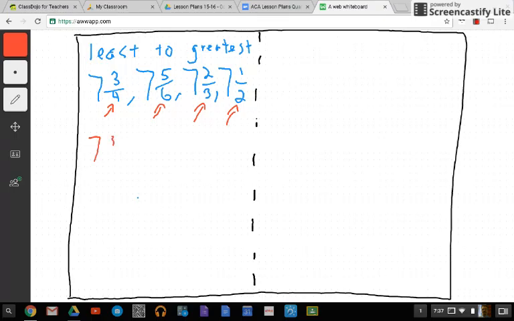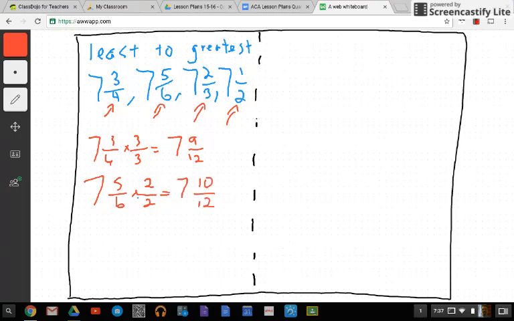I've got 7 3/4. I said I would be multiplying 3/4 by 3 over 3. And I get 7 9/12. Okay. If I've got 7 5/6, if I multiply that by 2 over 2, I get 7 10/12.